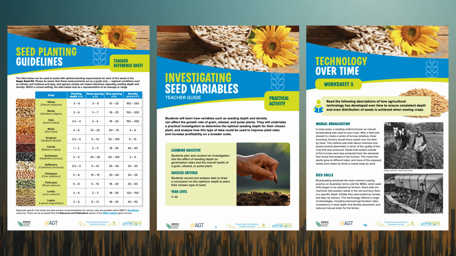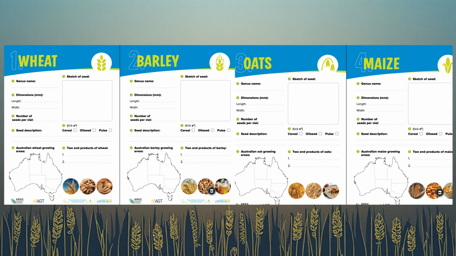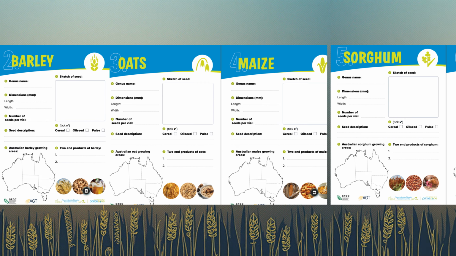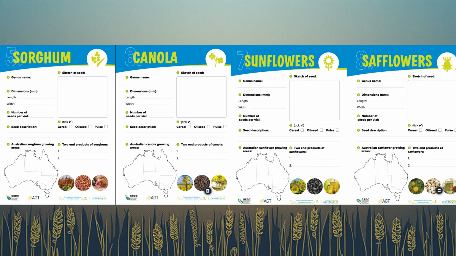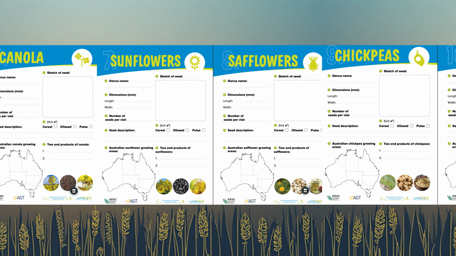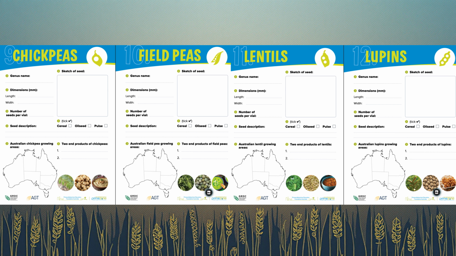These investigations will build students' scientific thinking and connect them to modern agricultural techniques like precision planting and data-driven decision-making. PIEFA and GRDC are committed to producing a new companion resource each year, so the Super Seed Kit remains dynamic, relevant, and aligned with innovations in Australian cropping.